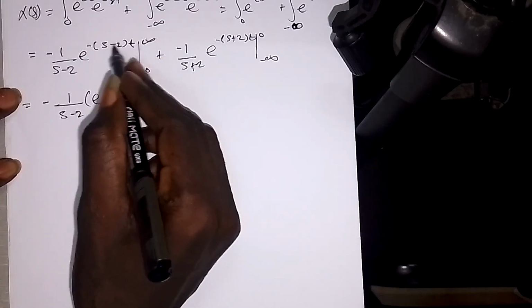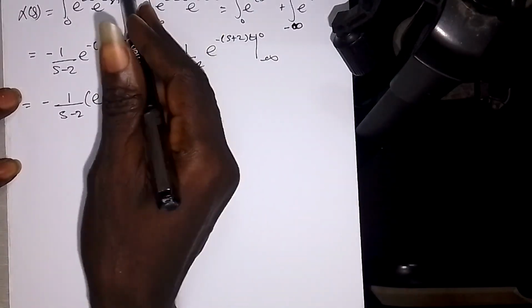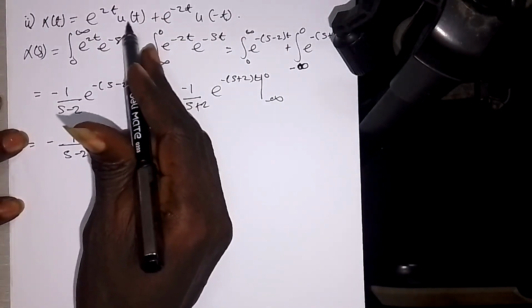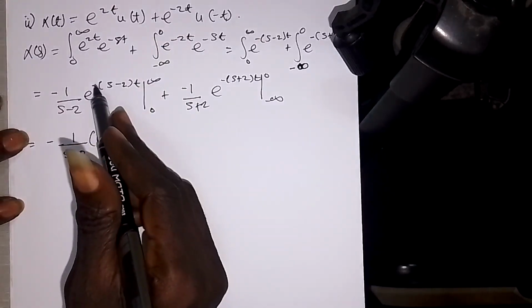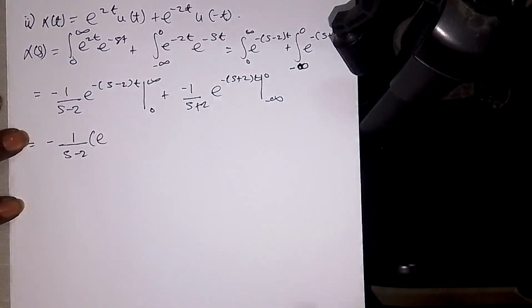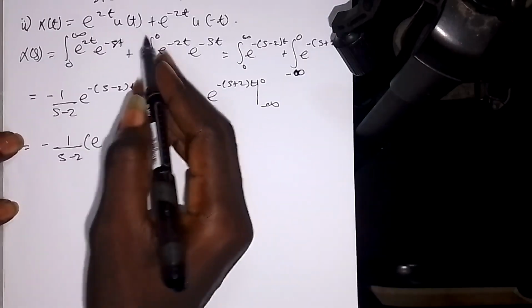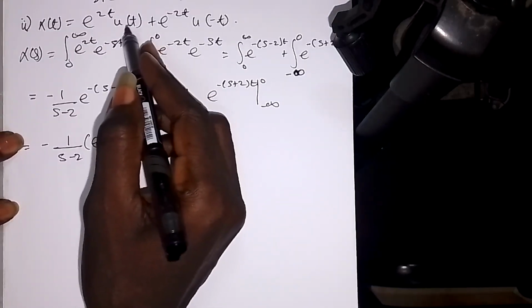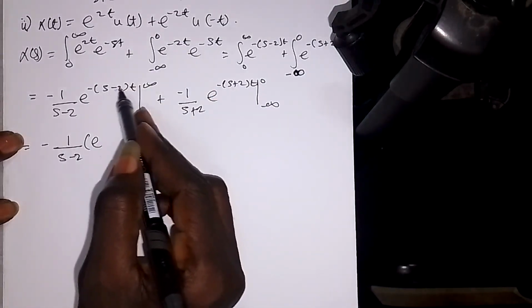I know that s minus 2 is from the graph of u of t, which is positive. So s minus 2 is positive because u of t is in the positive region of the x-axis.